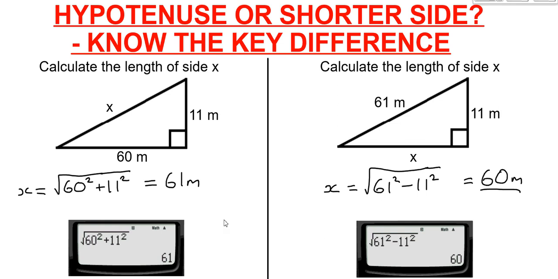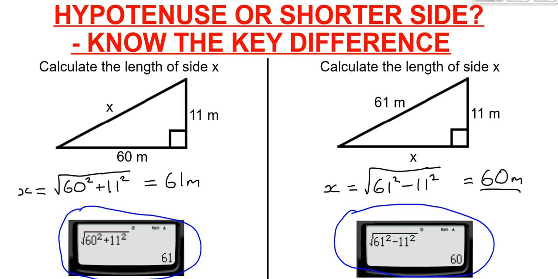So as you can see, both are very similar, but the longest side involves a plus of the squares, the shorter side involves a minus, which in a sense makes quite a lot of sense. If you want to find the bigger thing, you'll add. Typically, smaller than adding will be when you subtract. So these are the two main differences, which if you want to use this method, you need to pay particular attention to. Just have a look at these two, commit them to memory, and then we can move on.